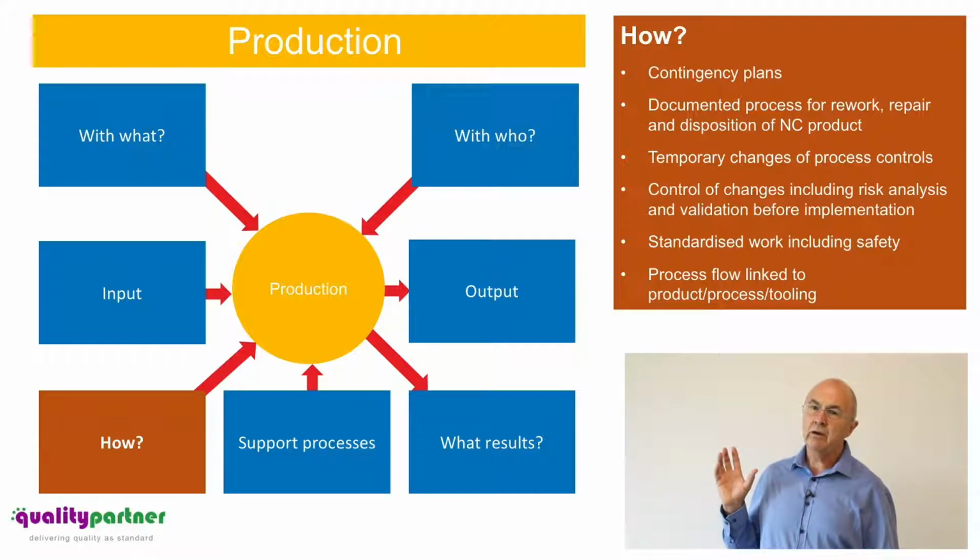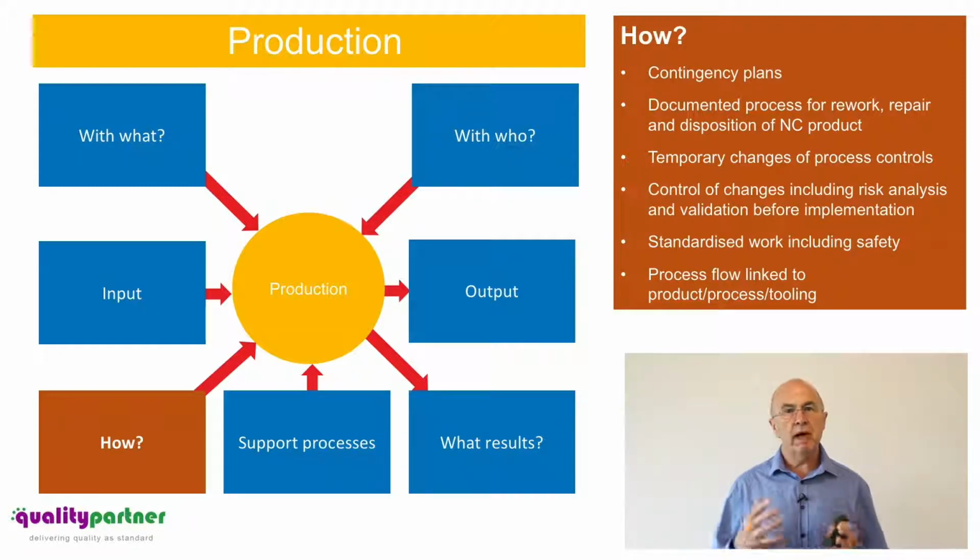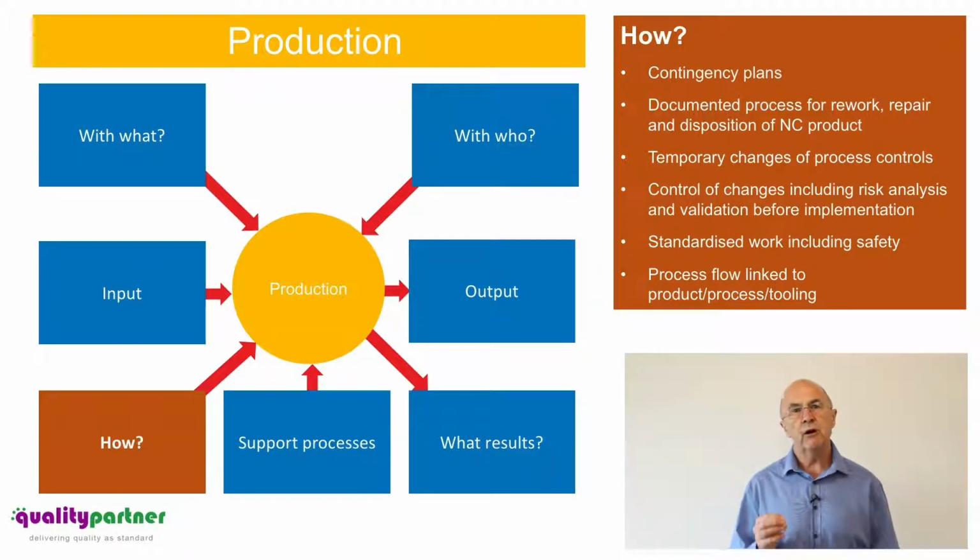So the first thing that when you read IATF 16949, you'll see far more emphasis on having effective contingency plans. Because what the customer wants is 100% on-time delivery in full all of the time. And if there's any potential risk within the process, we need to be managing those risks through having an effective contingency plan. So I would suggest you have a look at your organisation delivery performance.